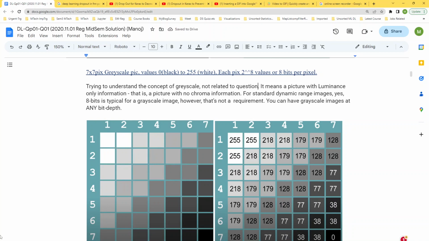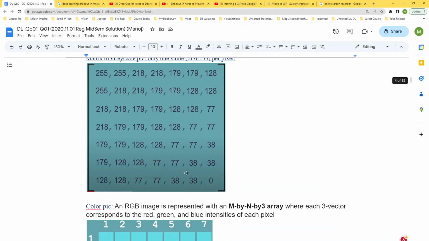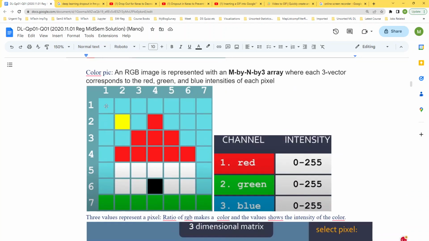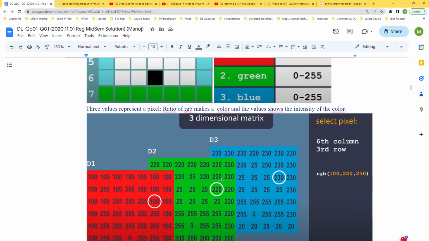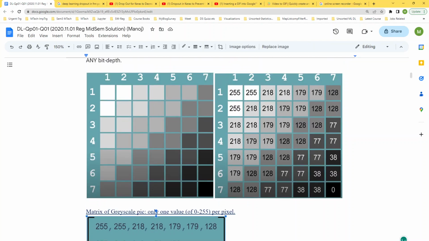I'm trying to come to the RGB. This one is clear, no? The matrix becomes like this for the grayscale. Next is the RGB. Again we have a 7 by 7 pixel image, and each pixel is represented by R, G and B. So there are 3 layers, whereas in grayscale we had only 1 layer, where the value is represented straight away in the square matrix.